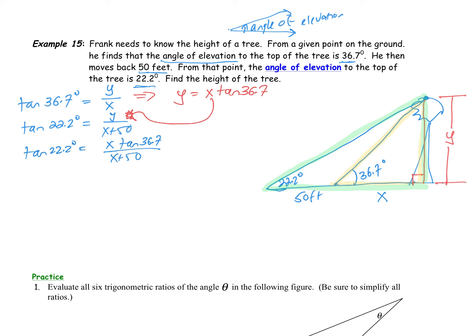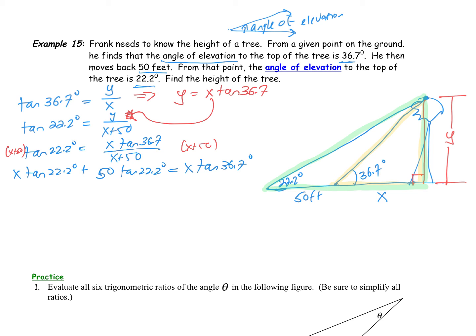So the first step, we want to start isolating x. We'll multiply both sides of the equation by x plus 50. So if I multiply by x plus 50 on both sides, the left side will become x tangent 22.2 degrees plus 50 tangent 22.2 degrees is equal to x tangent 36.7 degrees.